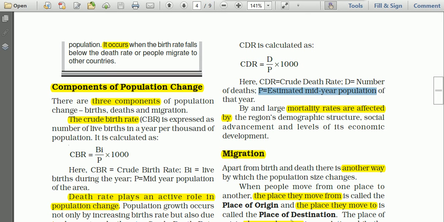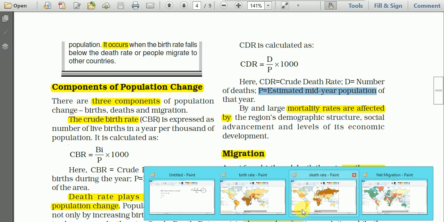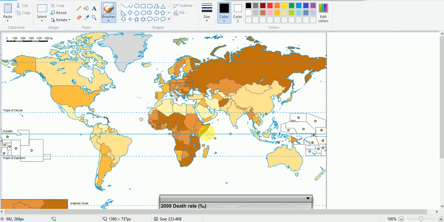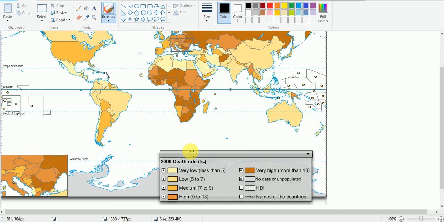And so let us see a map again, and this map shows the distribution of death rate in the world. Here see the darkest color, very high, more than 13 persons per 1000. That means 13 persons are dead for every 1000 persons.